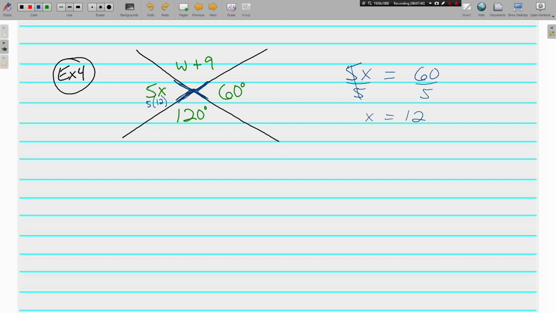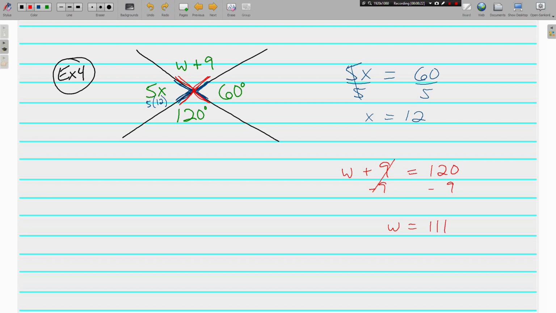How about w? Again, we're talking about vertical angles. They share a vertex but not a ray. They make opposite v's. They are congruent. W plus 9 is equal to 120. So subtract 9 from both sides and we get w is equal to 111.